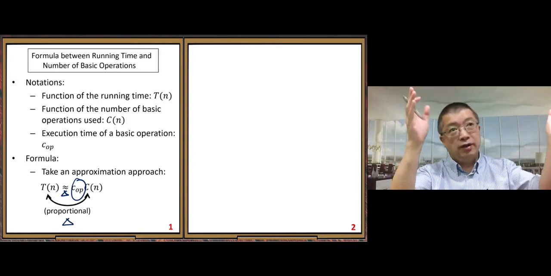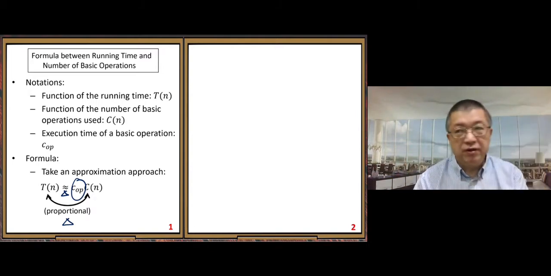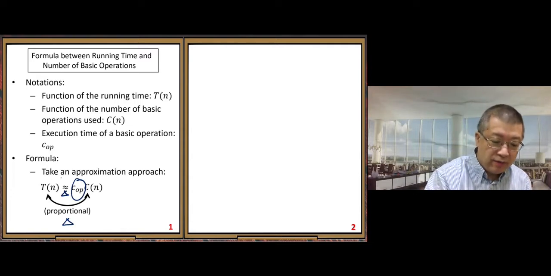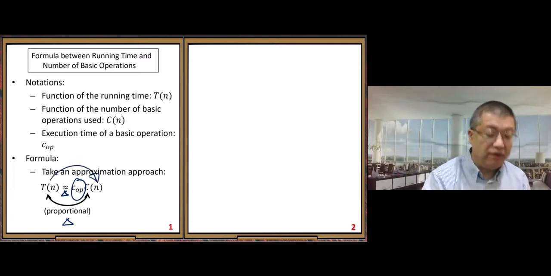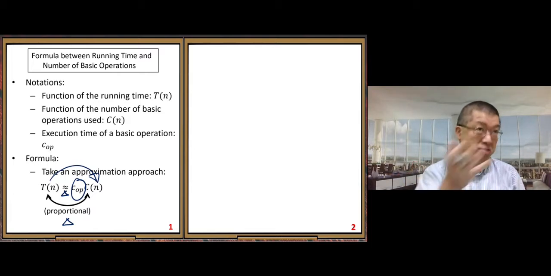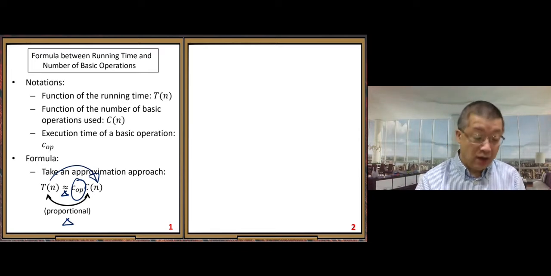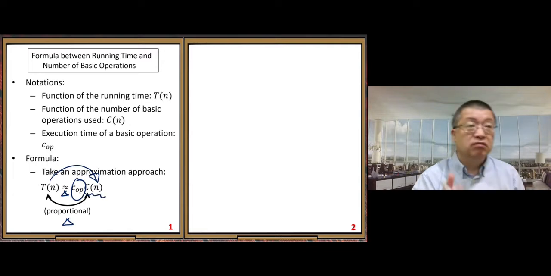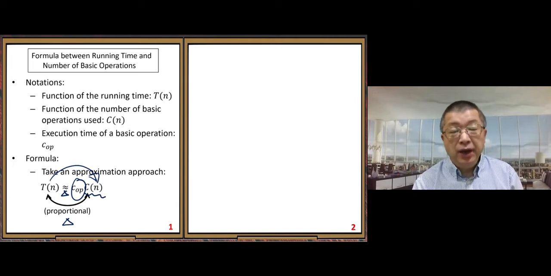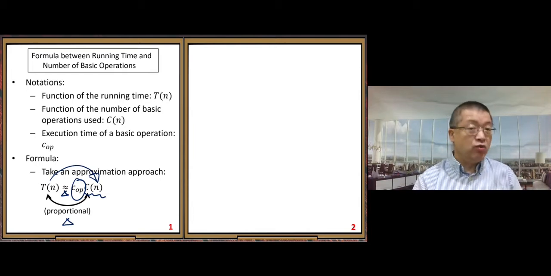So in that way, we can switch our study focus from T of n to C of n, because the counting number C of n is much easier to calculate. Execution time is much harder to calculate. If we work on C of n, it's much easier. Without doing any experiment, we can get a pretty good idea to describe how fast is the algorithm. That's what we need to do.